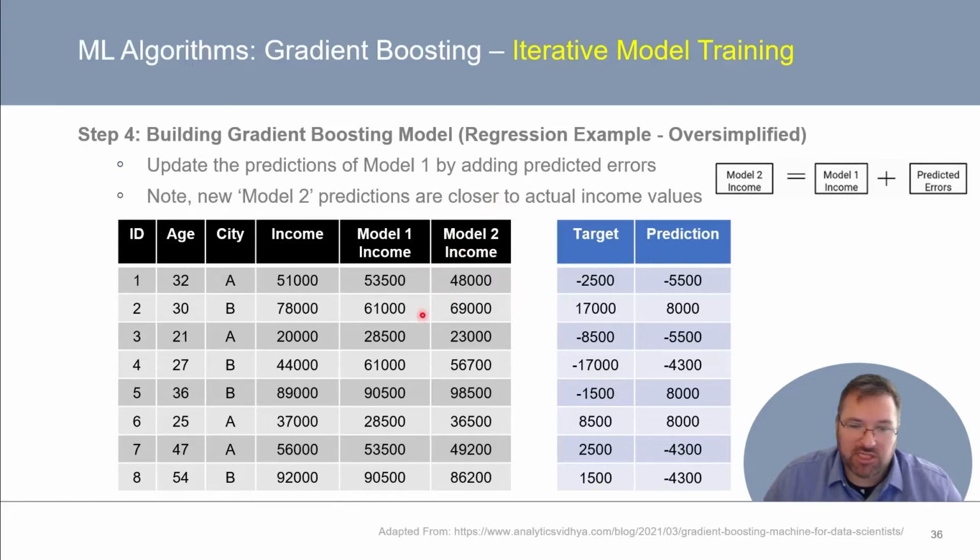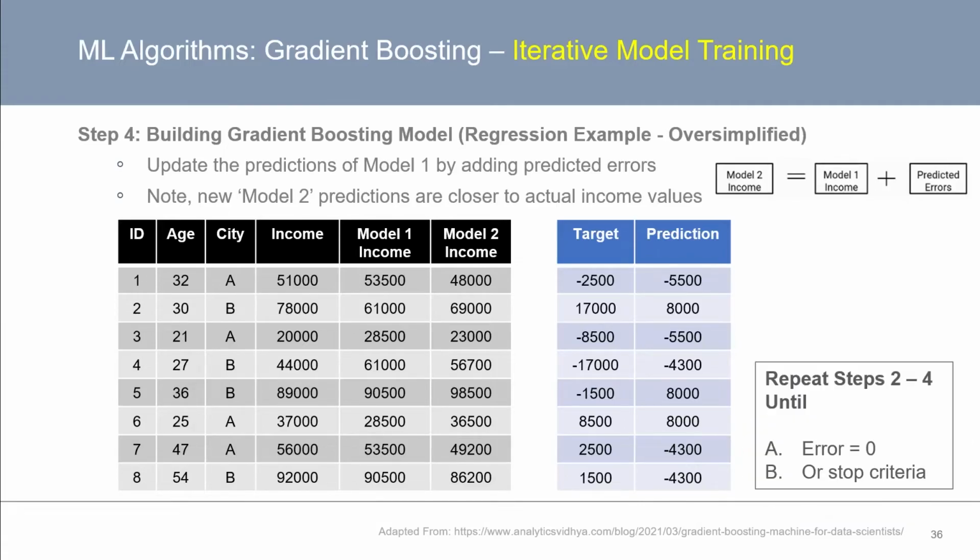Note that on average, these new Model 2 predictions are closer to the actual income than our Model 1 income predictions. This demonstrates that our strengthening meta model is slowly converging on making better predictions. At this point, we repeat steps 2 through 4, iteratively training and adding new weak models to our strengthening meta model.